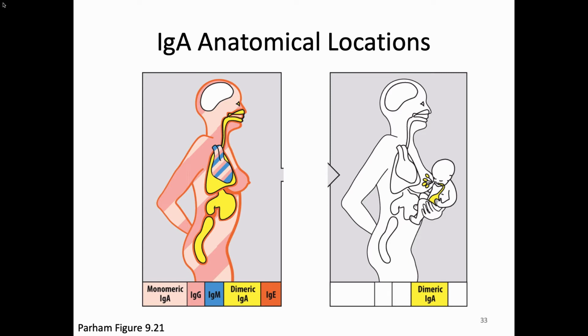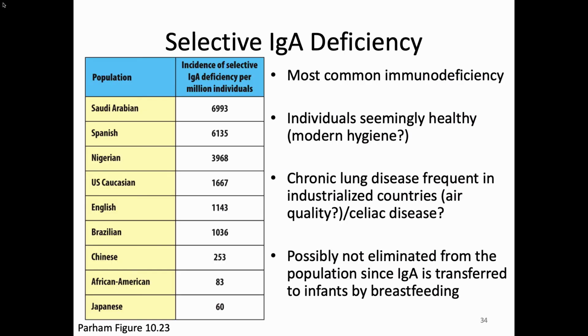However, one other fact that we should talk about with IgA is that the most common immunodeficiency is selective IgA deficiency. So here you can see a bunch of different types of populations and the number of people who have selective IgA deficiency per million individuals.